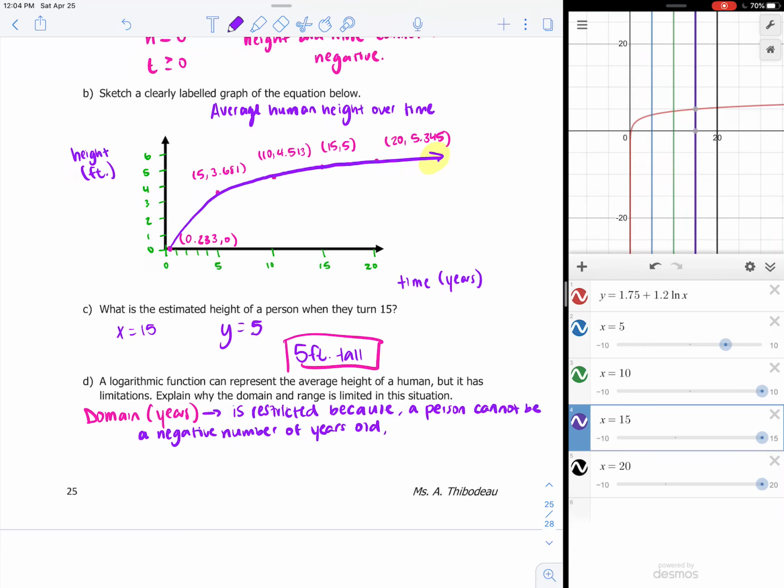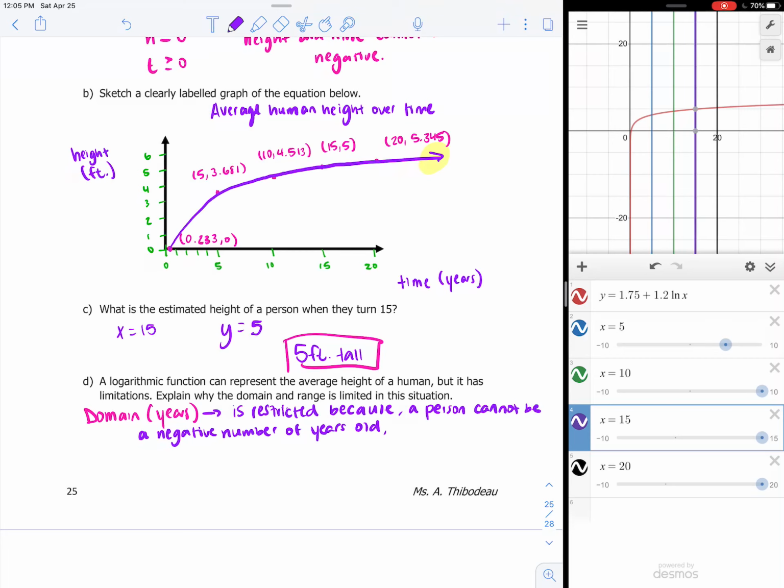But in the other direction, a person could not live an infinite amount of years, right? If we continue on this graph to the right-hand side, that means our time is increasing and increasing and increasing. Well, a person doesn't live forever, right? Eventually, there is a time in which that person will pass on, they'll eventually die. So our graph is limited in that perspective as well.